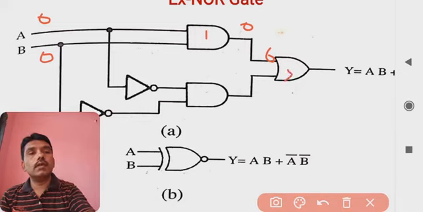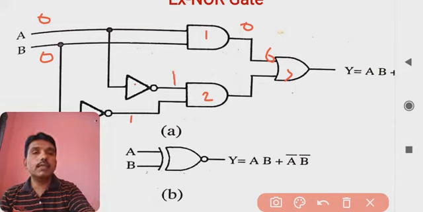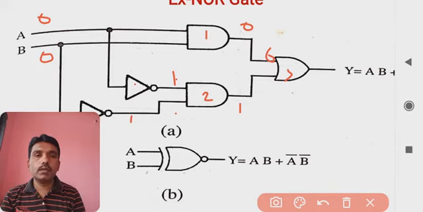For the second AND gate, the 0 from B passes through a NOT gate and converts into 1, and the 0 from A also comes through a NOT gate and becomes 1. So at the input of the second AND gate there will be 1 1, and for 1 1 input the AND gate gives 1.